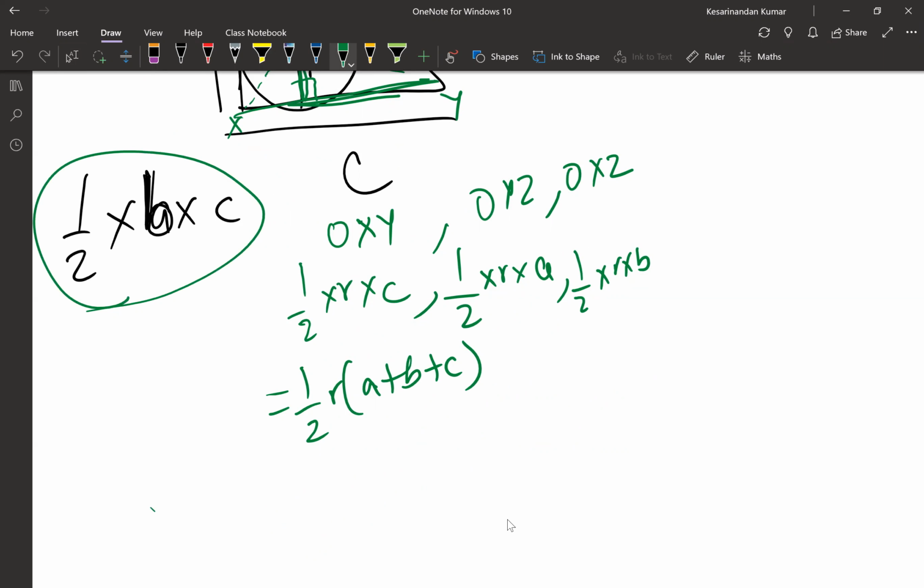So your formula will be r equals 2 times delta by A plus B plus C. And what is A plus B plus C, guys? Perimeter. Yes, perimeter. So the perimeter is equal to 2 times half of the perimeter. So if I replace this by 2s, my answer will be r equals delta by s.